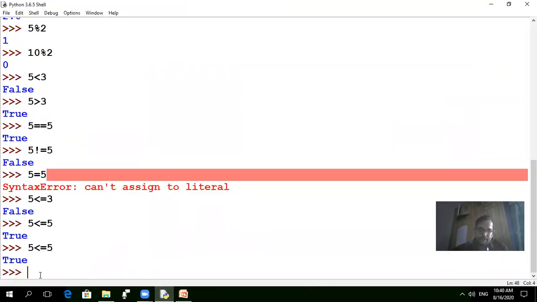See the example. If I write 5 is greater than 3 and 5 is equals to 5, is it true or false? True.